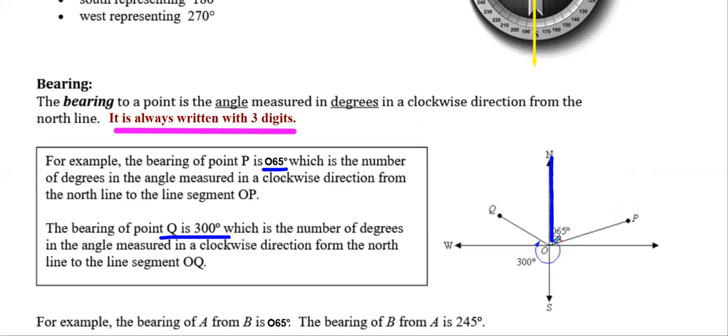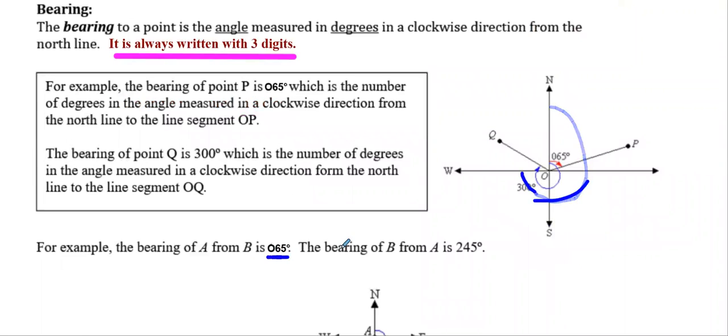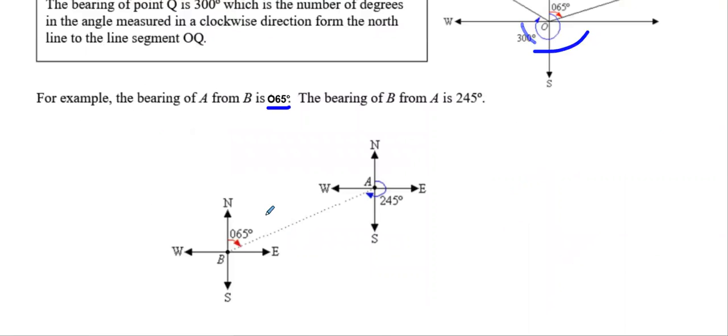So again, starting here, we would measure 90, 180, 270, plus an additional 30 to get to the 300. Okay, so this little piece in here would be 30 degrees, but the entire bearing would be 300 degrees, right? Go all the way around there. Okay, so again, you always start in a northerly direction. That's how this system works. Once you get the system figured out, then it's not too bad.